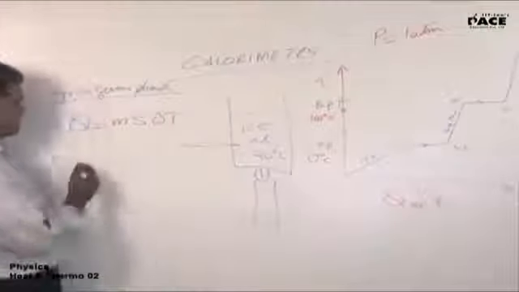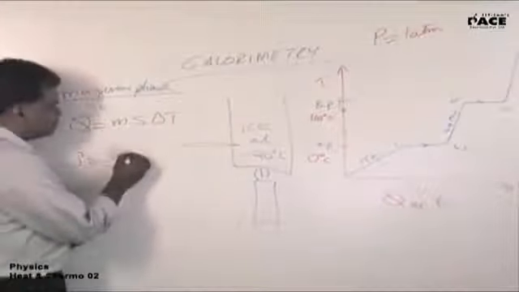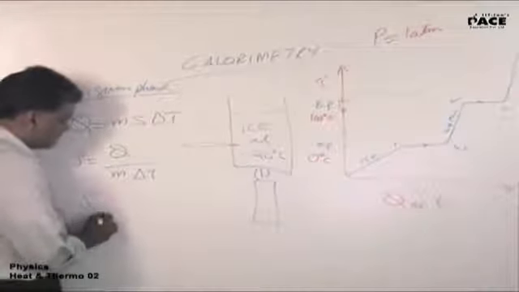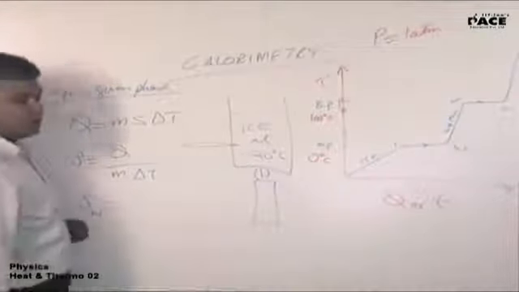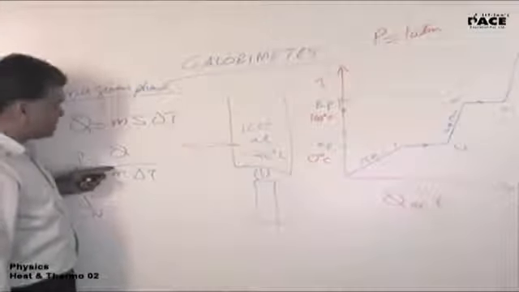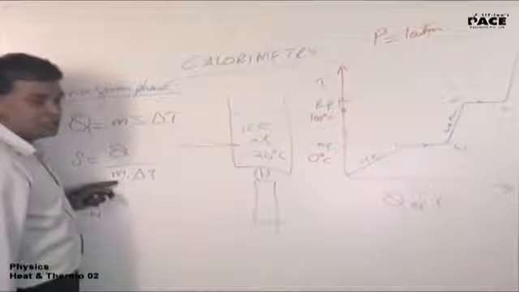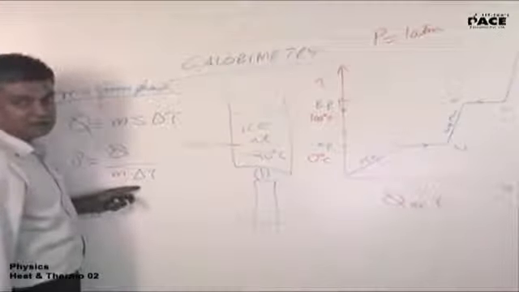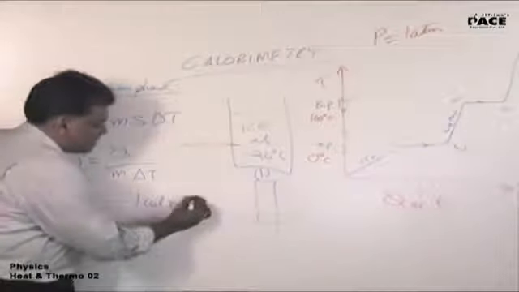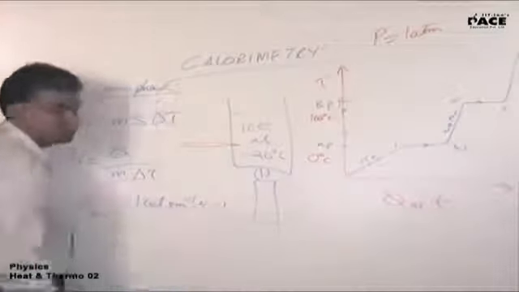Rather, what is specific heat? We do it the other way around. Specific heat is Q by m delta T. For example, specific heat is the amount of heat required to raise the temperature of unit mass of a substance by 1 degree centigrade. For example, water, we say it is 1 calorie per gram per degree centigrade.